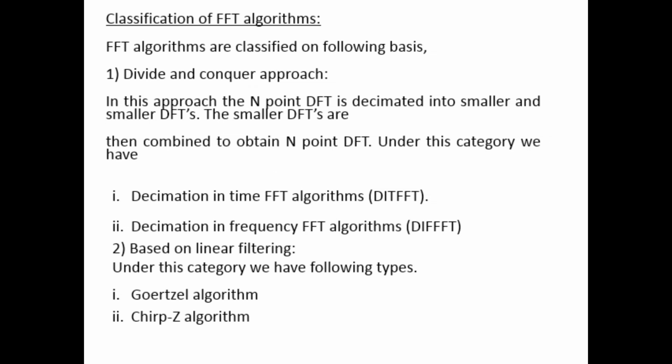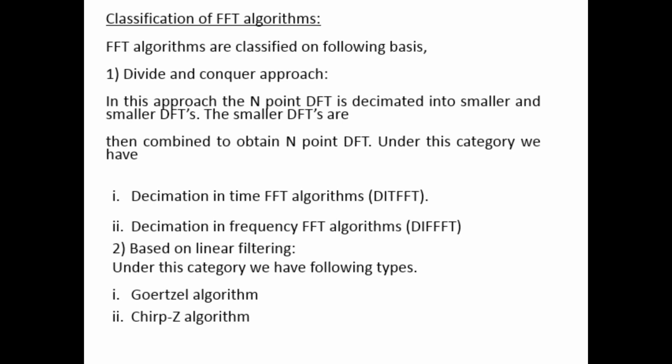Now we are going to discuss classification of FFT algorithms. FFT algorithms are classified on the following basis. First one is the divide and conquer approach. In this approach, the N-point DFT is decimated into smaller and smaller DFTs. The smaller DFTs are then combined to obtain the N-point DFT.